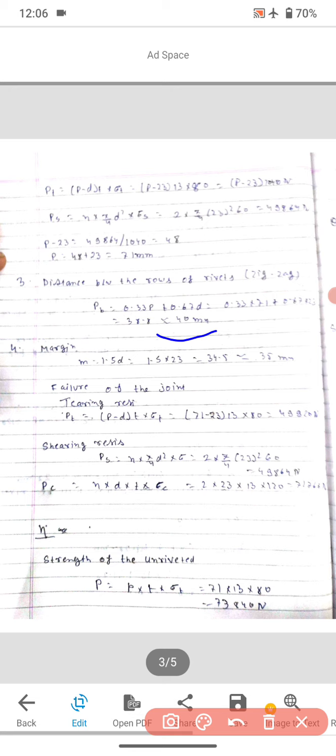And the last is the margin, and we know that margin is equal to 1.5d, and from here you get 34.5, which means 35 mm will be the margin. You have to round off to the nearest integer only, because for designing purposes you are not going to design for point values.